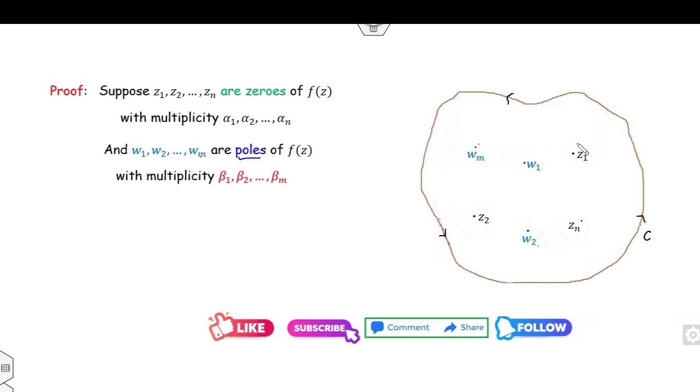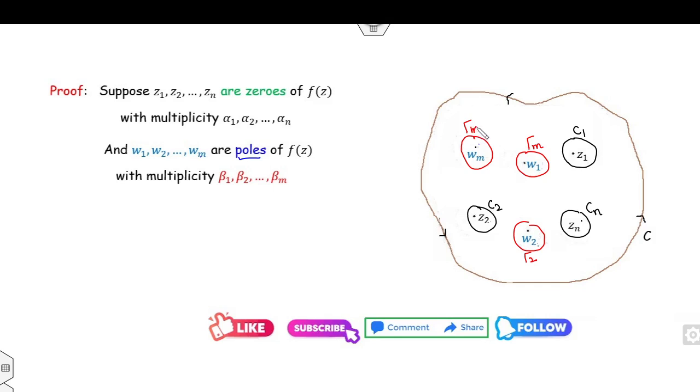Fine. Then we can define a circle corresponding to each zero. These are my zeros, and I can define the circles: let's say this is C1, this is C2 and this is Cn. And I can define a circle corresponding to each pole as well. So this is the circle gamma 1 based on w1, this is the circle gamma 2, and this is the circle gamma m.